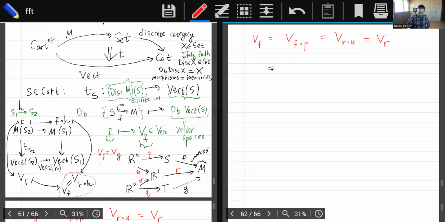And VR, now we can go in reverse, is equal to VR composed with V, which is equal to VG composed with Q, which is equal to Vg. So through this chain of 6 equalities, we see that Vf equals Vg.